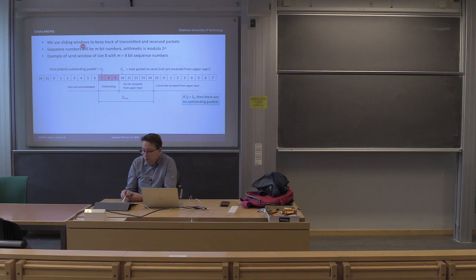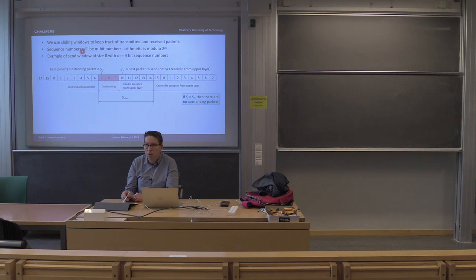And we will use something called sliding windows to do this. So that's essentially data buffers. They will contain packets or frames, and these frames will be enumerated with sequence numbers. And these sequence numbers will actually be included in the transmitted frame.